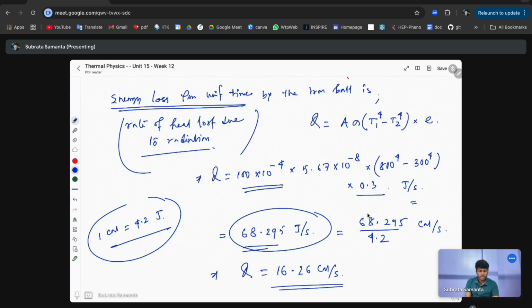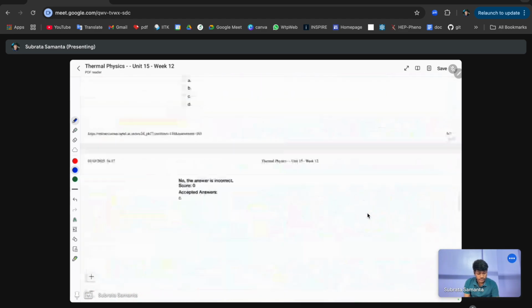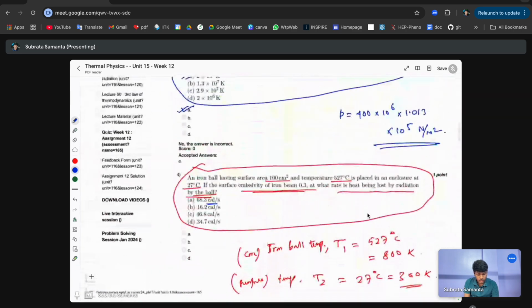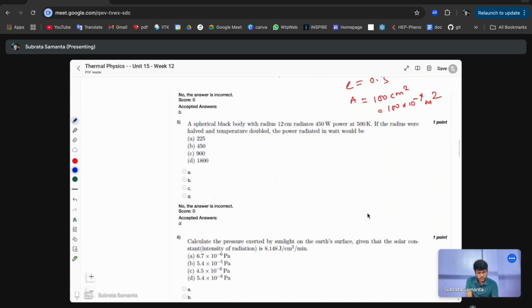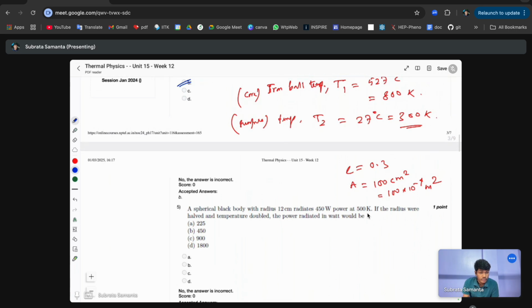Now you check the options. 16.26, it is very close to B. Option A is very close to the number, 68.3 is close to 68.295, but the unit is calorie per second, and you calculated it in joule per second. So option B is correct. Any question, any doubts?